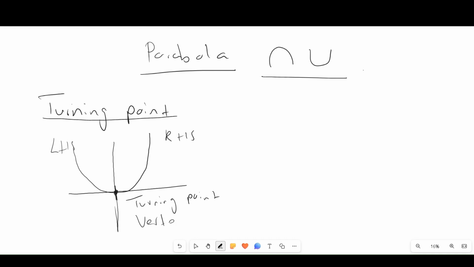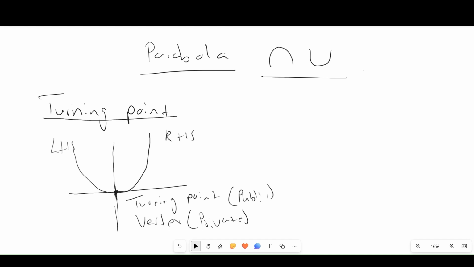Public, private, they all mean the same thing. It's your turning point. It's a point where the graph changes direction. You turn at that point.